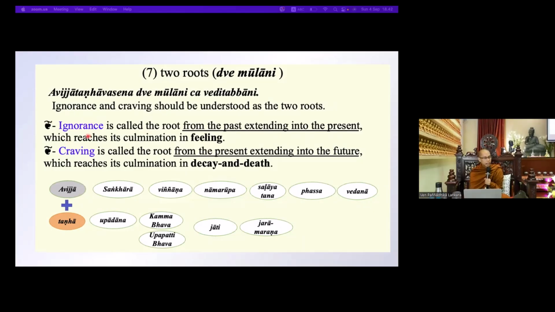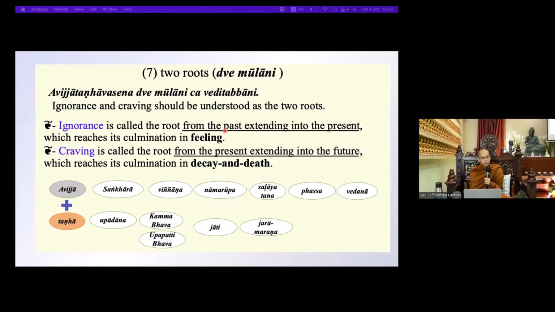So the root extends to the tree trunk and up to the leaf, spreading, with water to give rise. For the craving, after feeling, vedana paccaya tanha, the craving continues the process. In this way, ignorance and craving are considered the roots of the round of rebirth, the round of samsara.